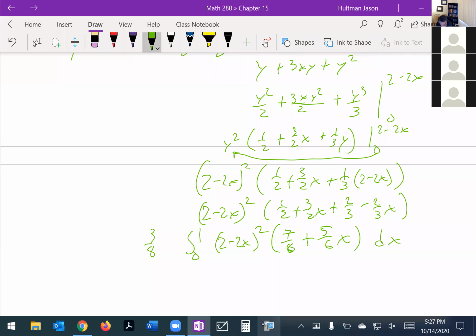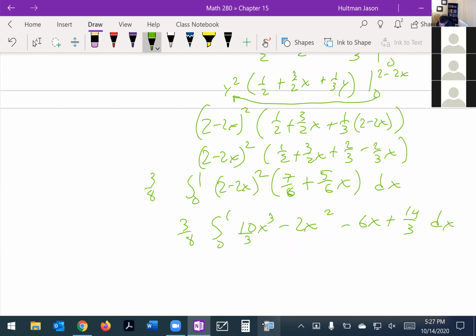It's a waste of time for me to multiply all this out here, but if you multiplied it all out, you would get 10/3 x to the third minus 2x squared minus 6x plus 14/3 dx.